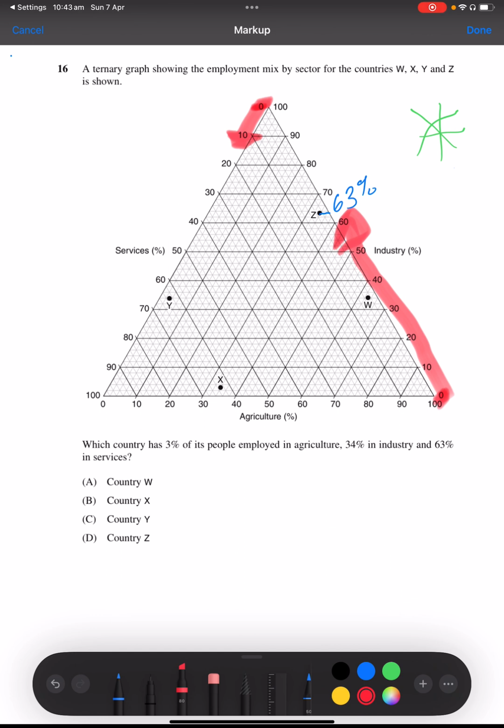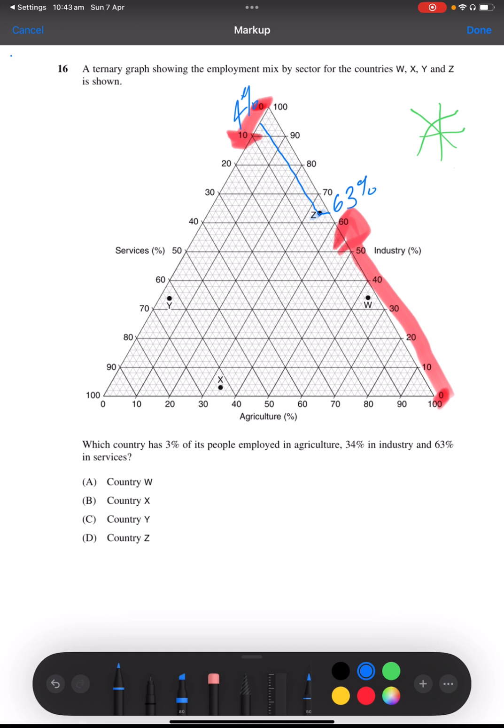And we're probably going to work to there because we know that we line up country Z. You guys would be doing this with a ruler, okay? And we get to about 4%, okay? Now mine's a little bit off because I'm not using a ruler, okay? But that should equal around 4%, all right?